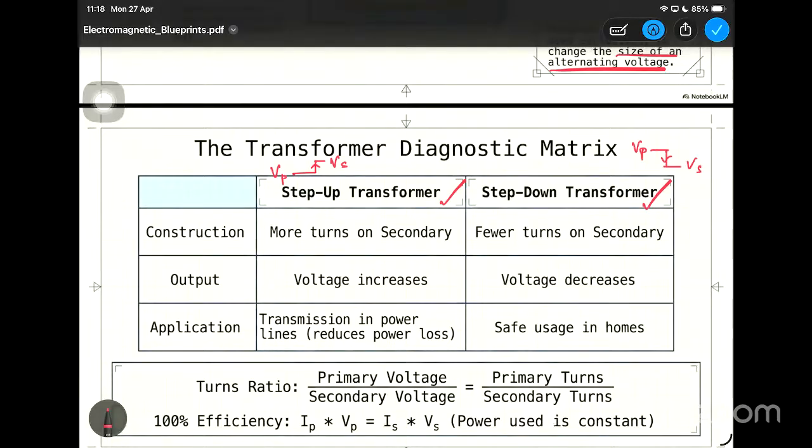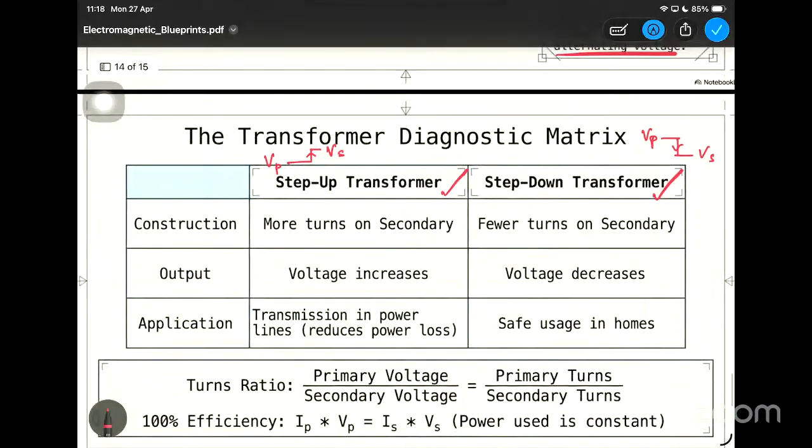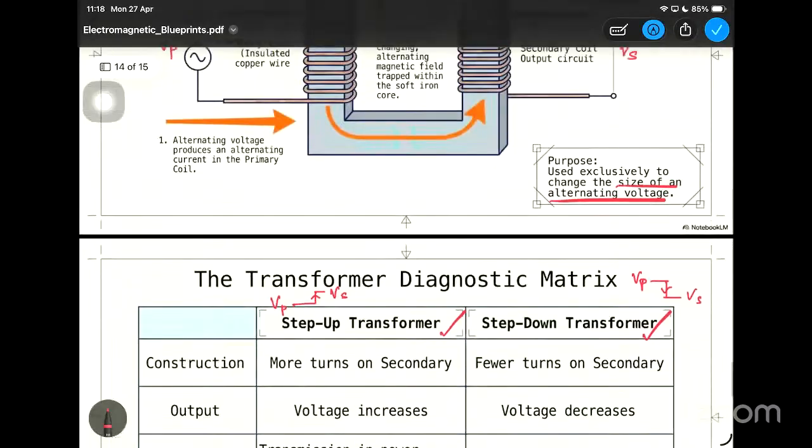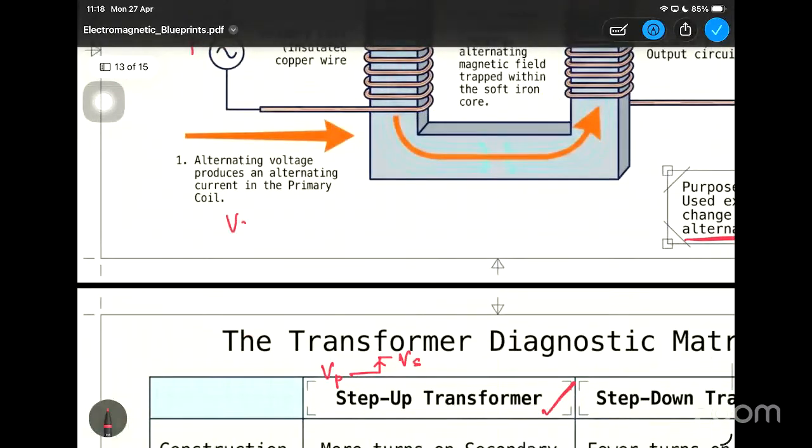The construction is given: more turns on the secondary coil. Remember, the voltage is directly proportional to the number of turns in the coil, right?